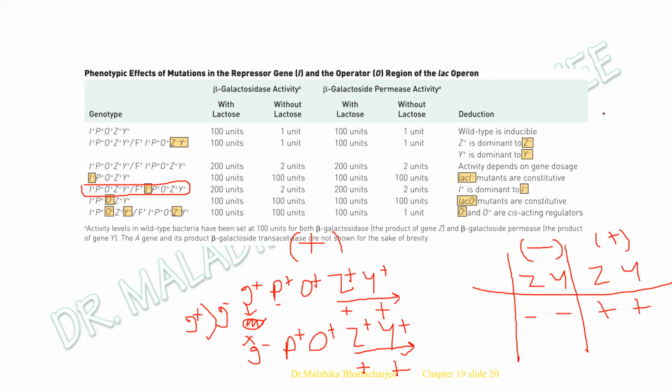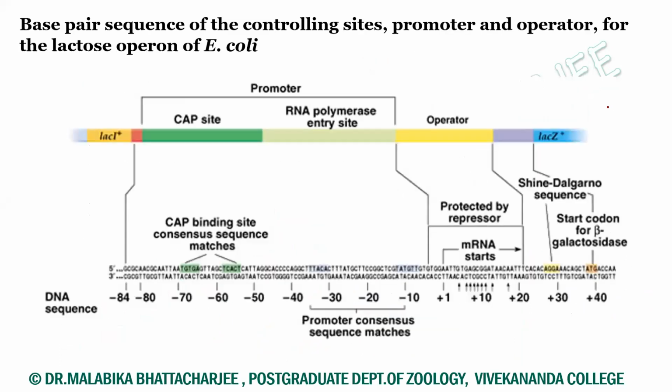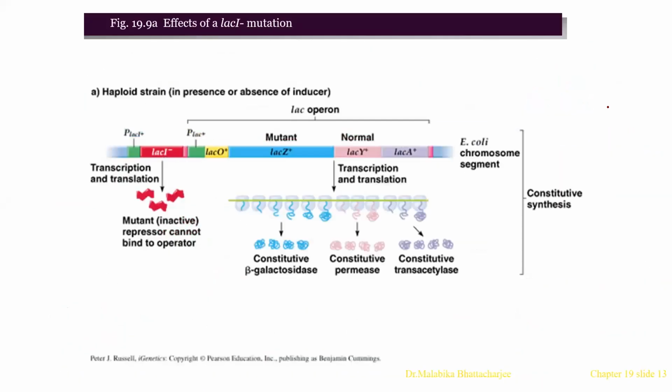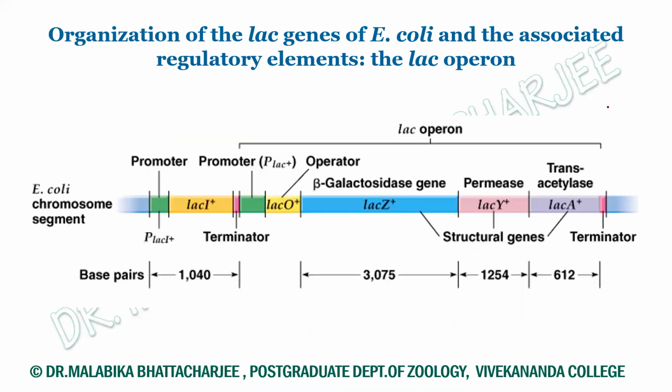Now the concept we studied till now was that of negative regulation, because now we will be entering an area which is known as the positive regulation of Lac Operon. Now why negative? Let us assume this is the picture of the Lac Operon.